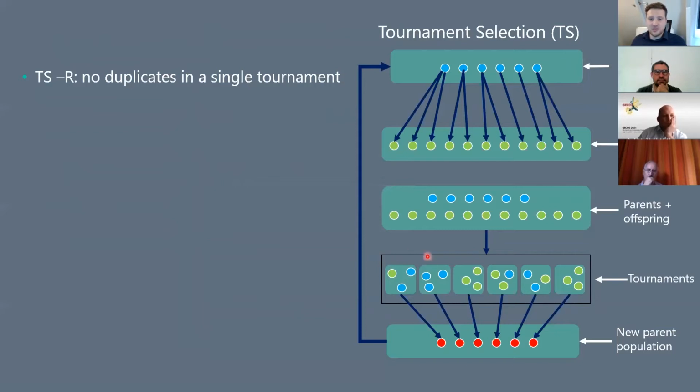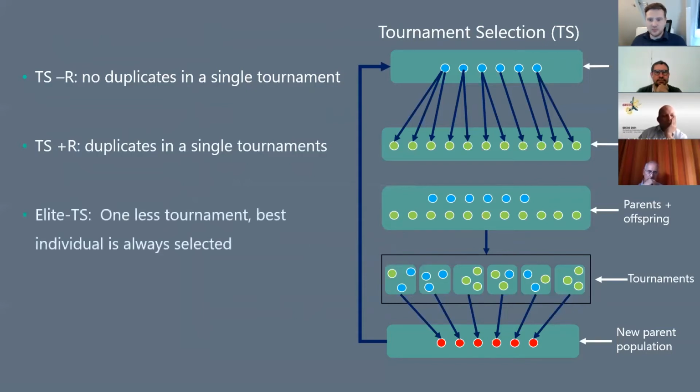They can still be selected for multiple tournaments. Tournament selection with replacement means that they can be selected multiple times for the same tournament. And elitist tournament selection, which is tournament selection with replacement, except one spot is left open for the best individual from the parents and offspring population.